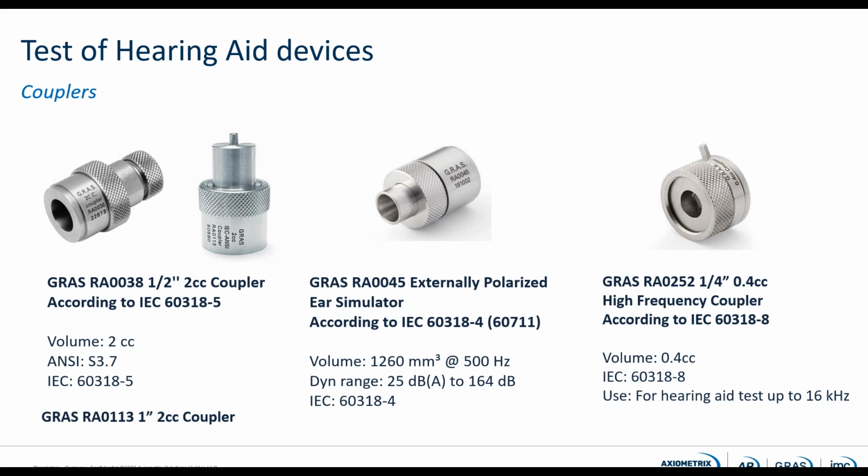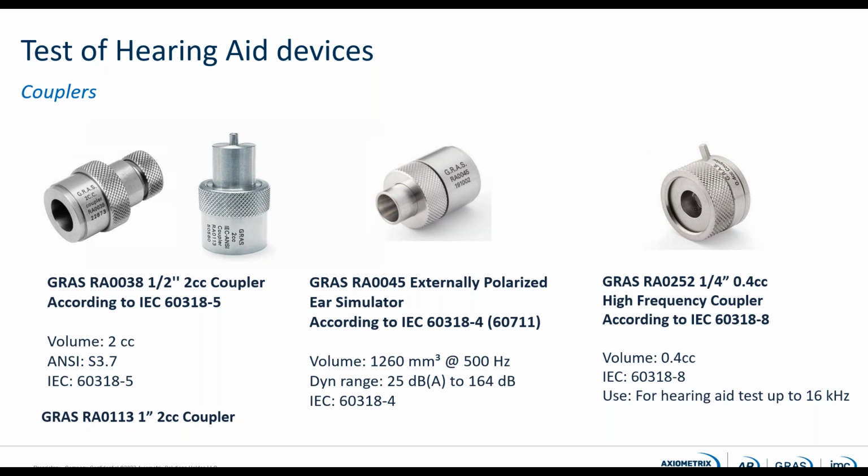Available on the market, we have the 2cc coupler, which is in accordance with the IEC 60318-5. The internal volume of this coupler is, of course, as the name says, 2cc.